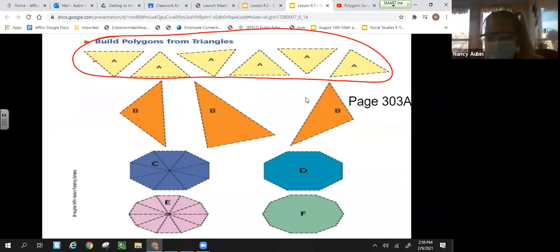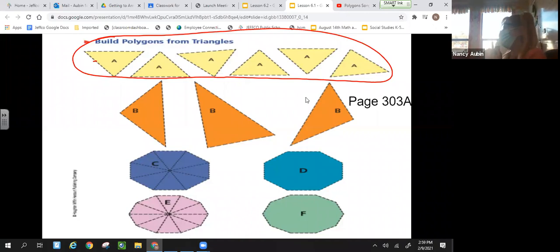Okay, Gavin, do you have your triangles ready? Okay, here's what I want you guys to do. I want you to take your triangles, use all of them, and see what type of polygon you can create.